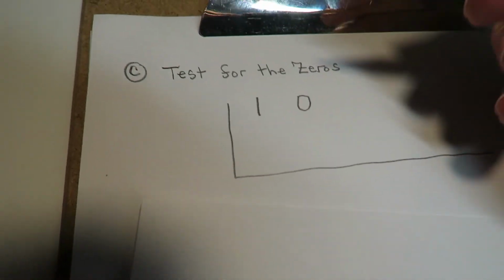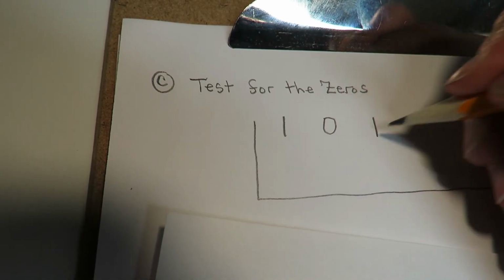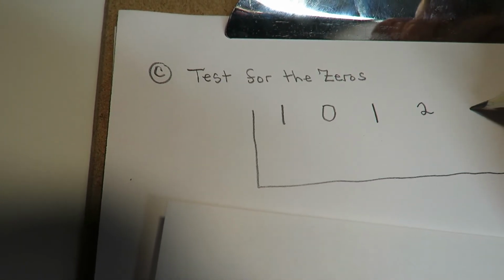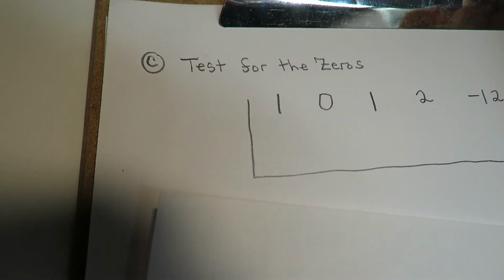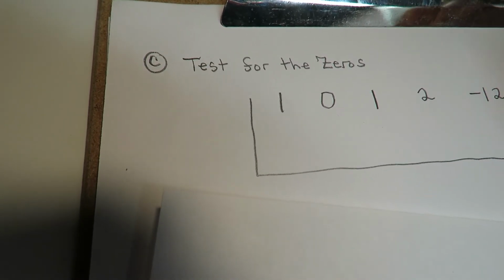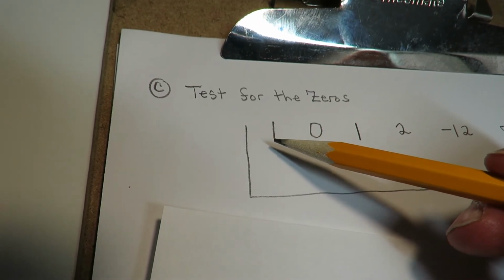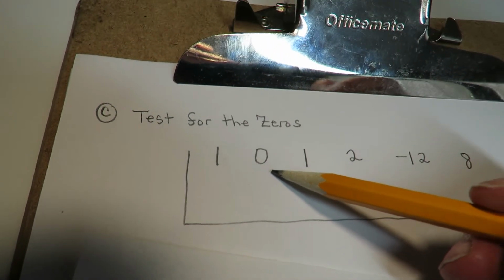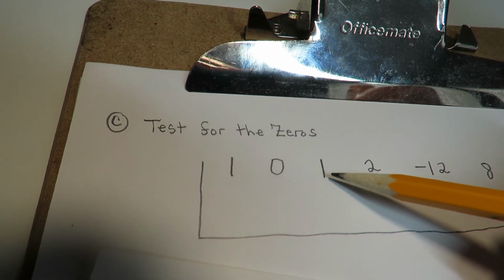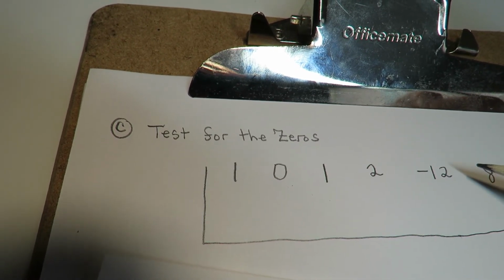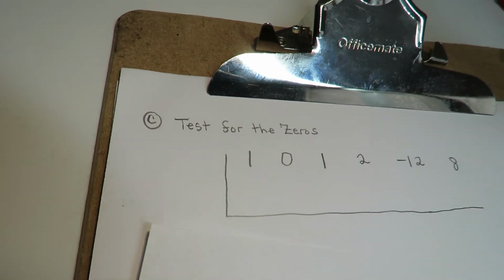I don't have a 4th degree, so I have to put a 0 there. Okay, so there's my coefficient of my 5th degree, coefficient of my 4th degree, which isn't there, coefficient of my 3rd, coefficient of my squared, coefficient of my linear, coefficient of my constant.